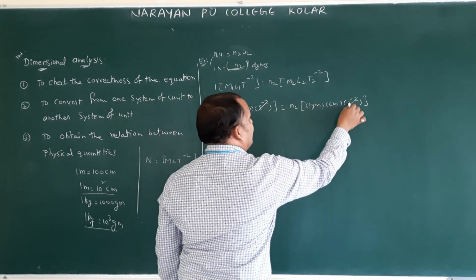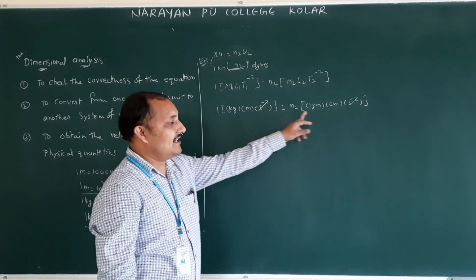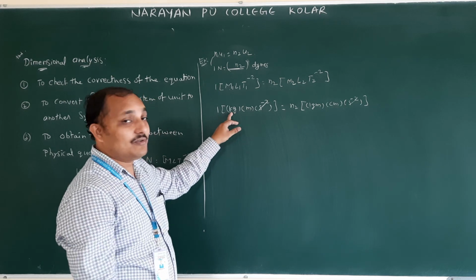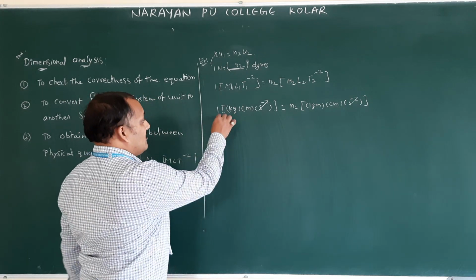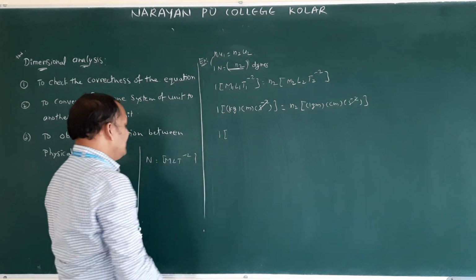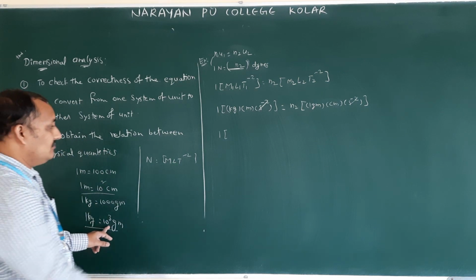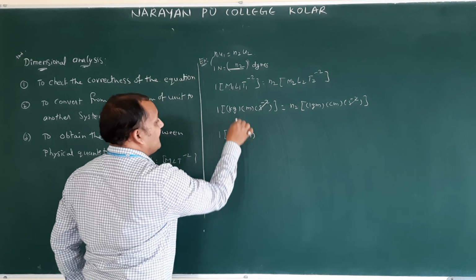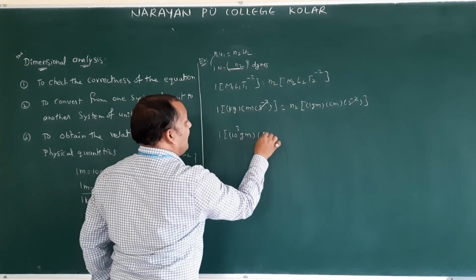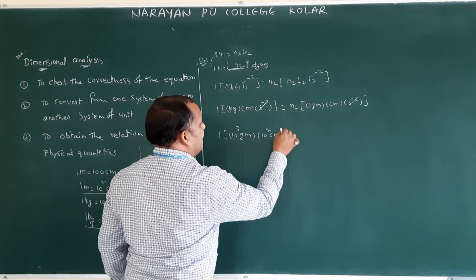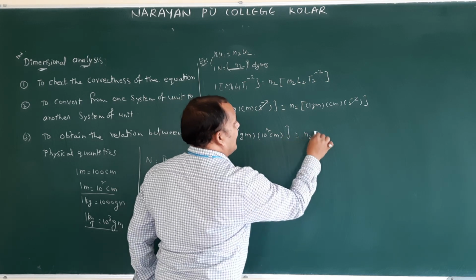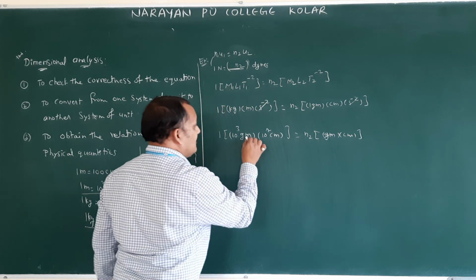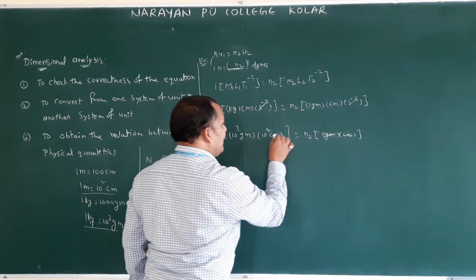So these two will be cancelled. Can we cancel kg and gram? We can't cancel. Either gram should be converted into kg or kg should be converted into gram. So 1 kg means how many grams we said here? 10 cube grams in place of kg, and in place of meter, 10 square centimeters, is equal to n2. Now gram and centimeter will be cancelled.